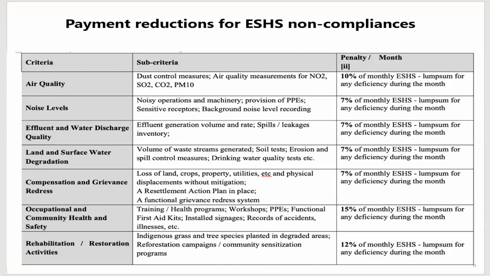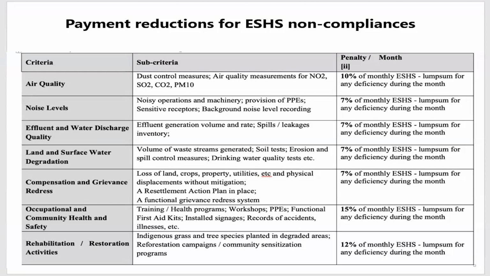He's supposed to organize training workshops, provide first aid kits, and keep the accident record. If he doesn't meet the standard set, he loses 15% for the month. So these are very key, very punitive on the part of the project for a contracting entity that misses any of these.